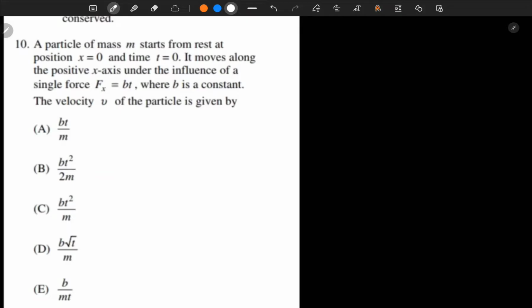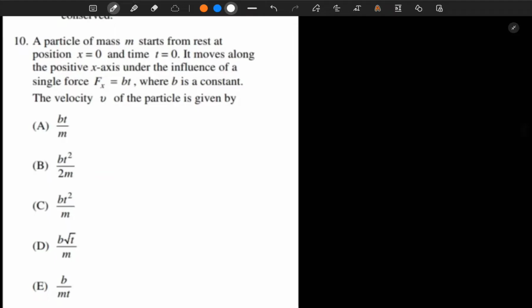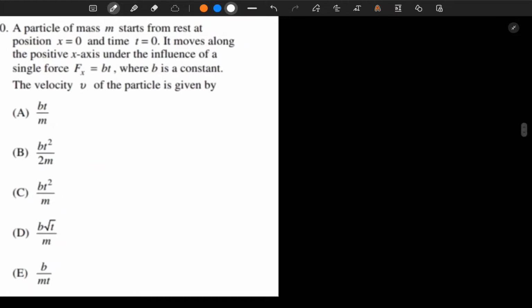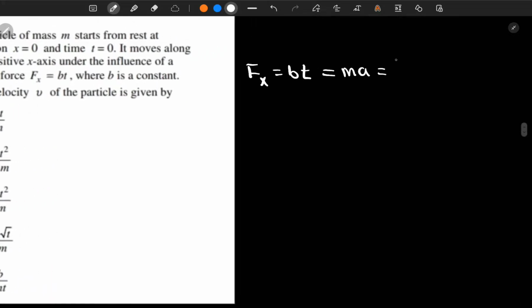The velocity of the particle is given by which of the following? Well, we know that the force Fx is equal to bt, and that all forces are equal to ma. And further, we know that a is equal to dv/dt, where v is the velocity.